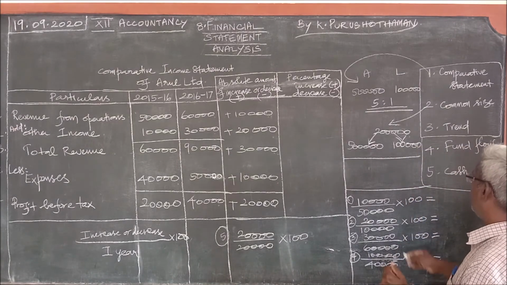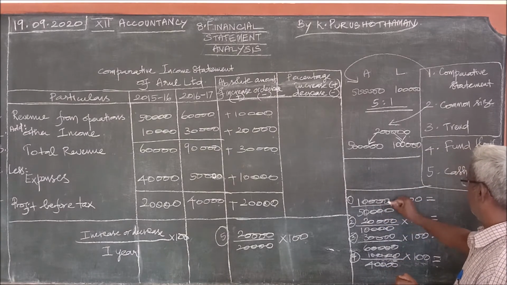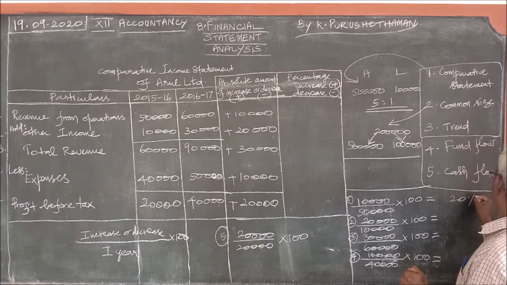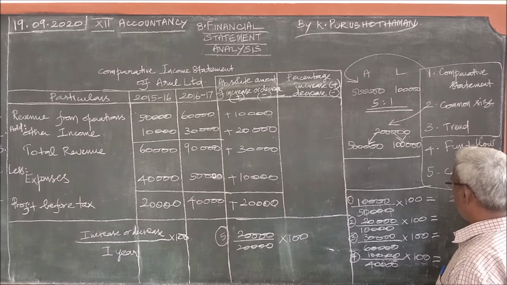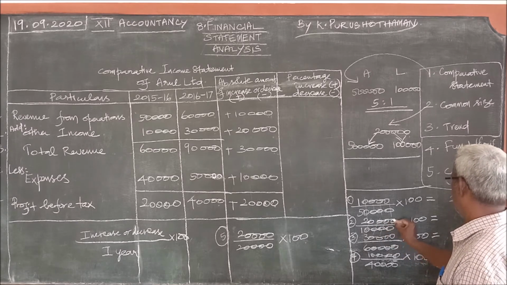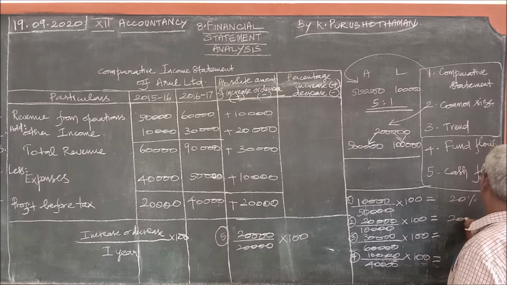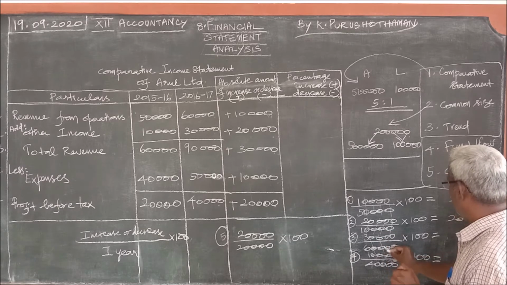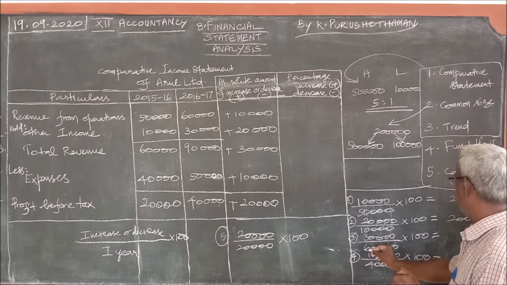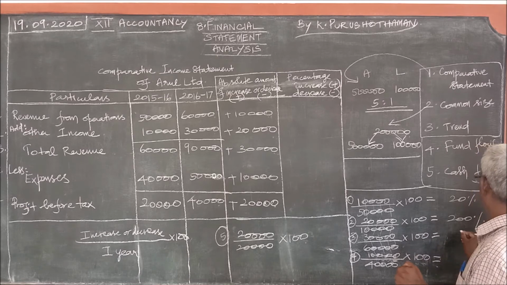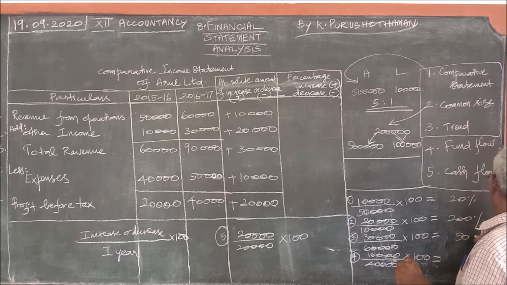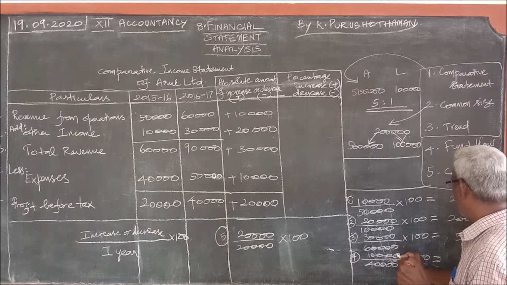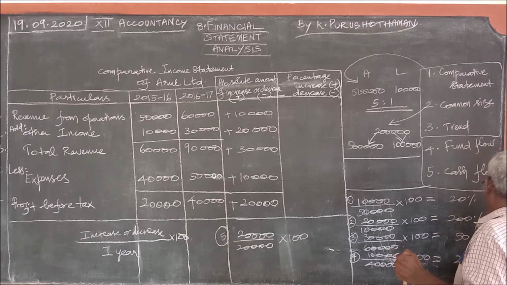So you can simplify. 10,000 by 50,000 is 1 by 5, and if you simplify, 20%. Here, if you simplify, 2 into 100, 200%. Here, if you simplify, 3 by 6 is 1 by 2, 100 by 2, 50%. Here, 4 zeros cancel, 100 by 4, 25%.